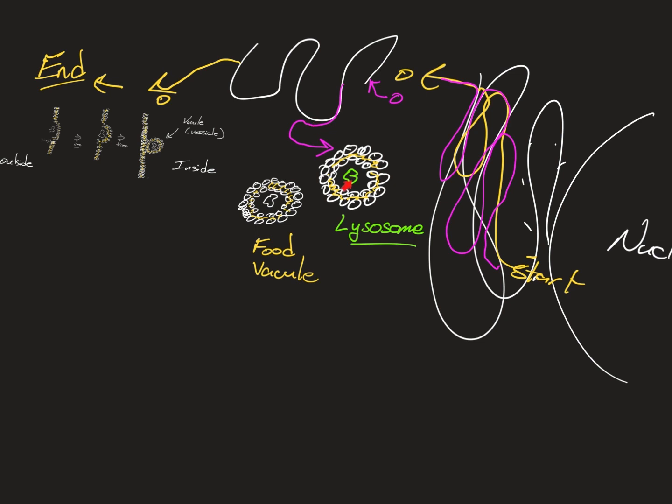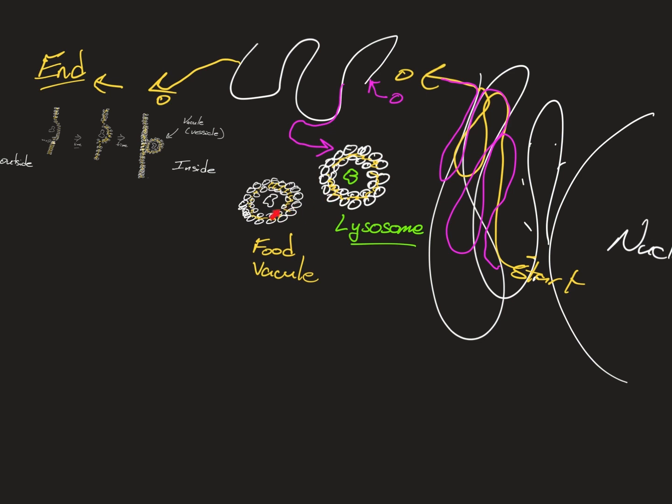The enzymes were made here in the rough endoplasmic reticulum by ribosomes. They traveled through the endoplasmic reticulum pathway. They went to the Golgi body. They pinched off, just like the ones that were leaving did. But the Golgi body labeled the membrane differently so that the vesicle did not leave the cell, but rather just floats around and waits for a food vacuole.